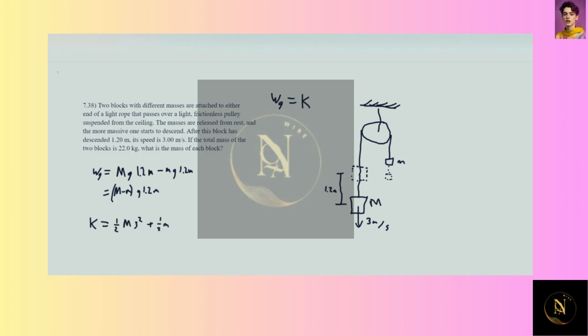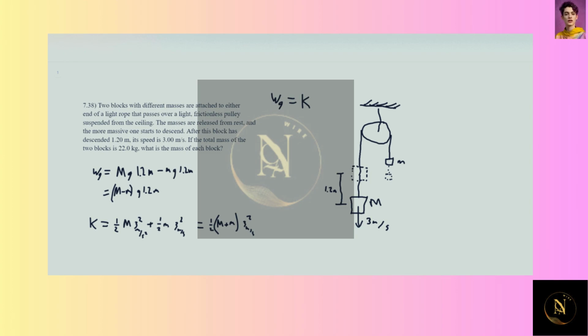Here's one important note: because these two masses are connected by a string, if one mass is moving 3 meters per second down, the other mass has to be moving 3 meters per second up. So that means that we have 3 meters per second squared here too. I'm going to rewrite this as 1/2 big M plus little m, 3 meters per second squared.